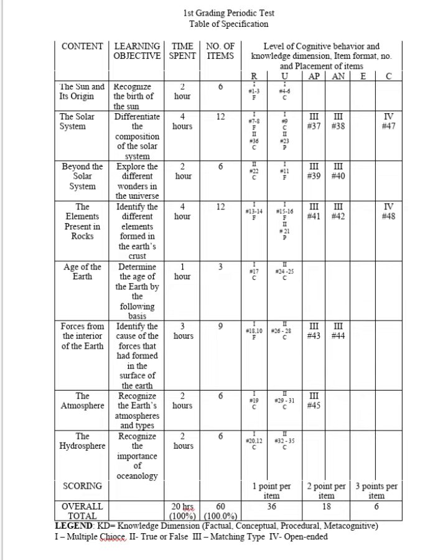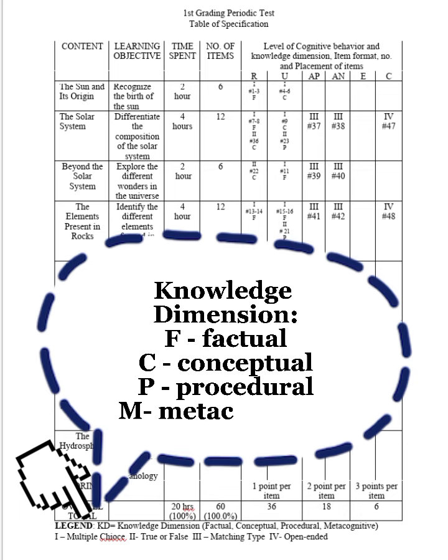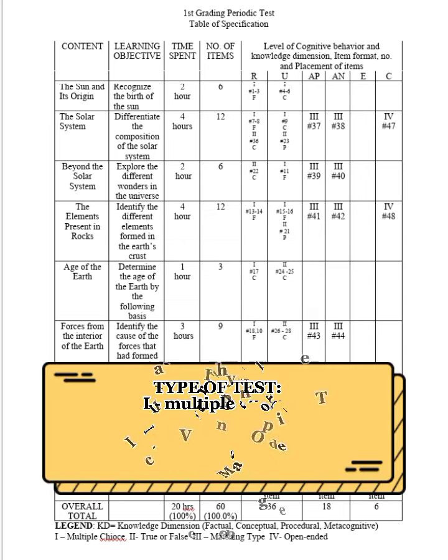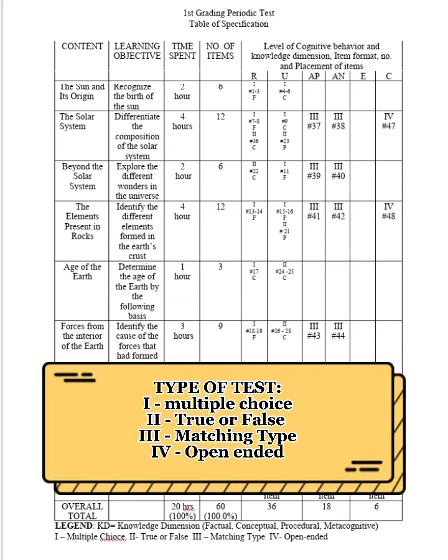Kindly observe the table and the legend below. For the knowledge dimension, F means factual, C means conceptual, P is for procedural, and M is for metacognitive. For the type of test, we are using Roman numerals.